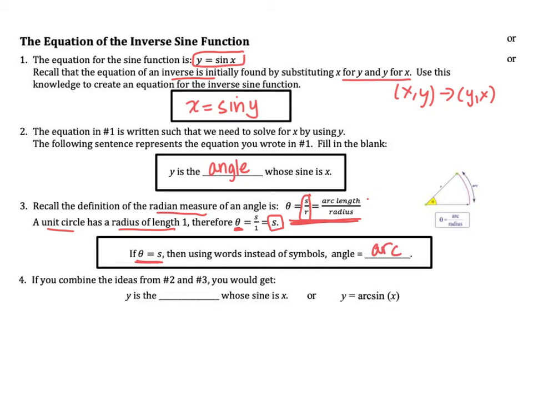And so when you put number 2 and number 3 together, instead of y is the angle whose sine is x, we can say y is the arc whose sine is x. That is where you will now see you can use arc sine to indicate that you are taking the inverse. So y equals arc sine of x.